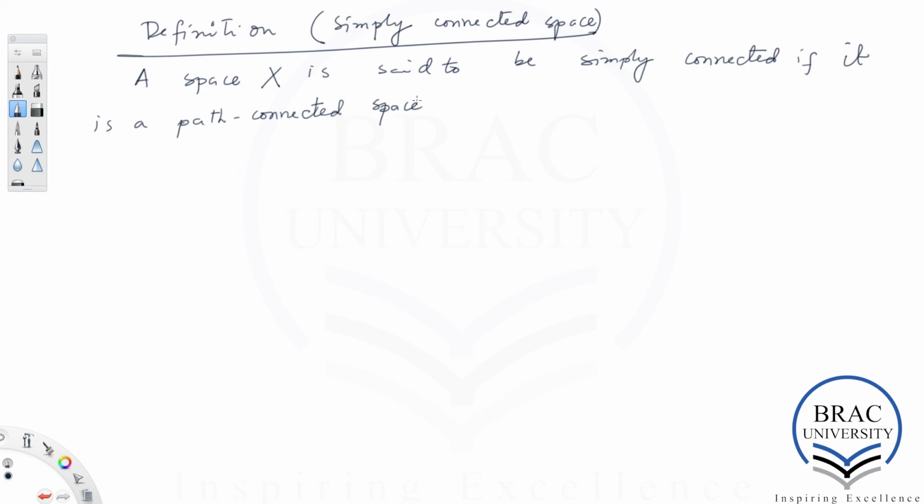So in order to be simply connected, it has to be first of all path connected.